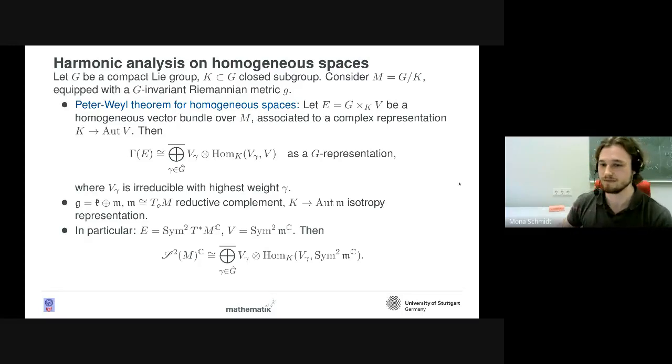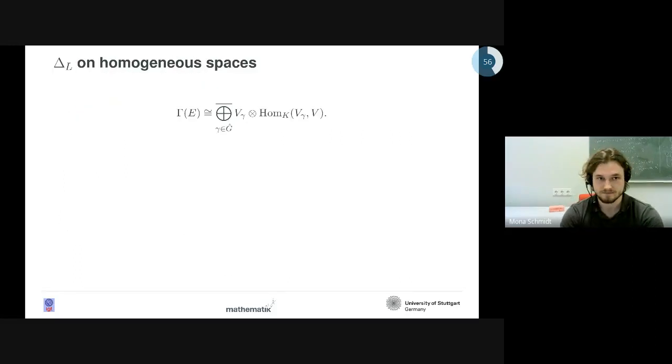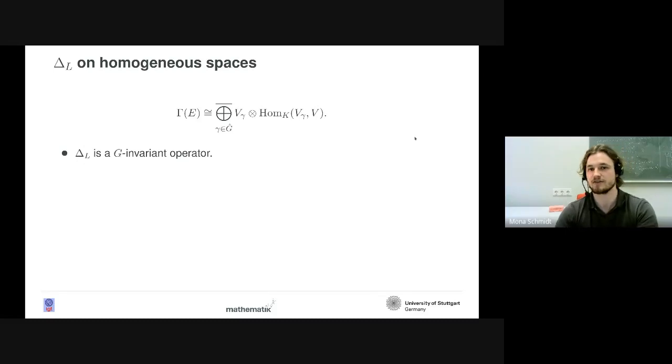Okay, so how is this useful for us? How can we use this? Yeah, we want to study the spectrum of the Lichnerowicz Laplacian, and since the metric g is invariant and the Lichnerowicz Laplacian is defined in terms of g, it is a G invariant operator.